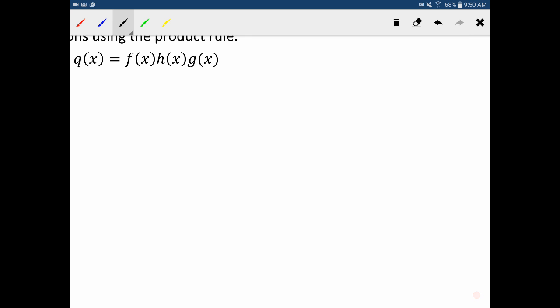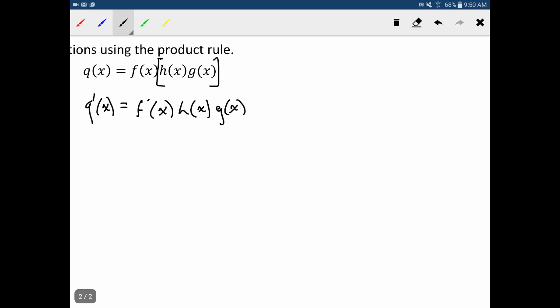There's going to be quite a few steps here, quite a bit to write out. So, q prime of x. So what we're going to do is treat h of x times g of x as a separate function to begin with. Okay? So we've got f prime of x times h of x times g of x, because I'm just treating those as one thing.